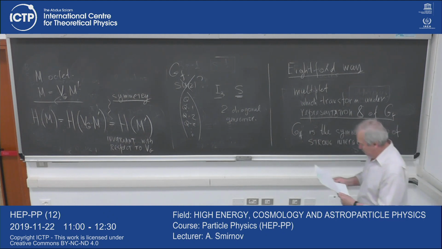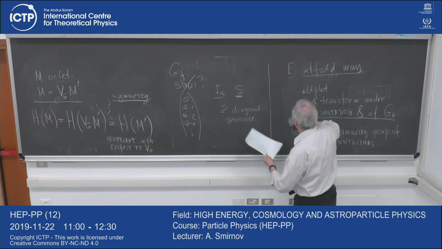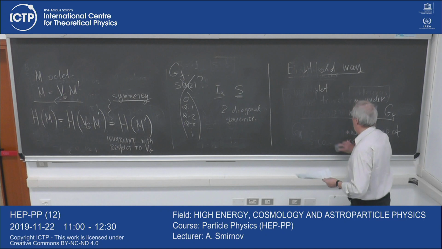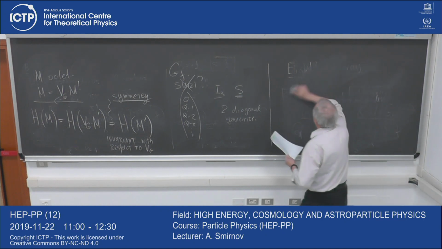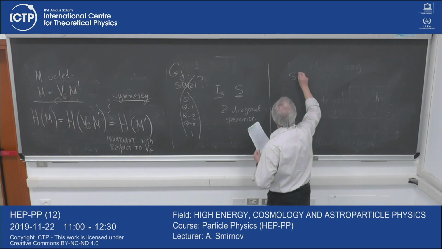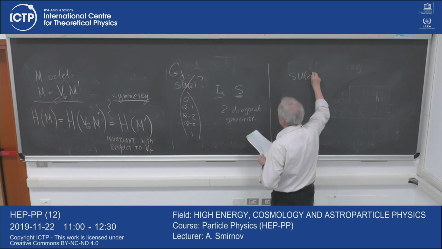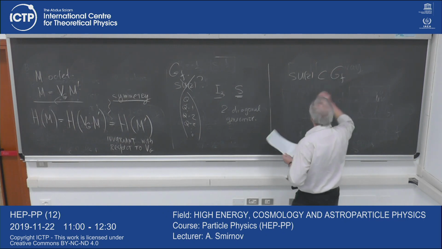So we need to have this group, and we also want to have isospin within this group, right? So that our SU2 isospin should be embedded also in this G_F.